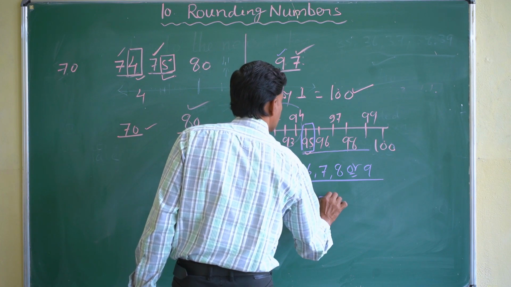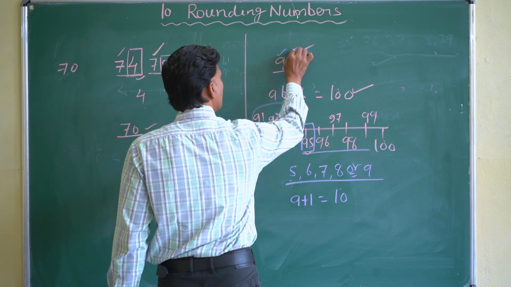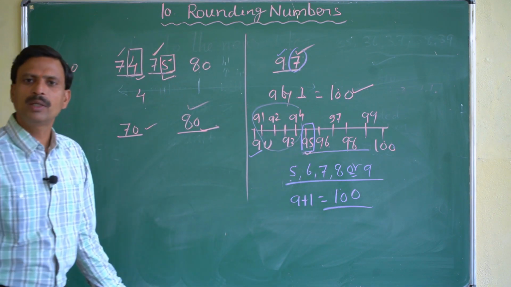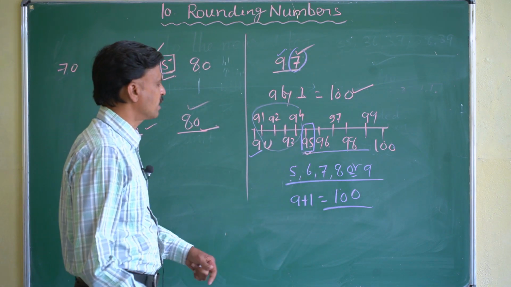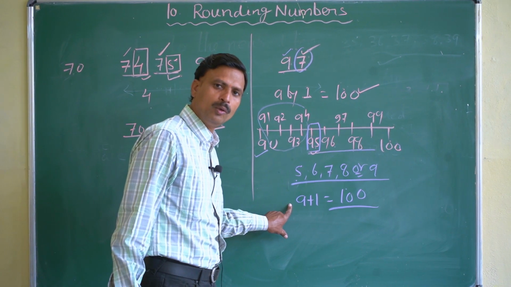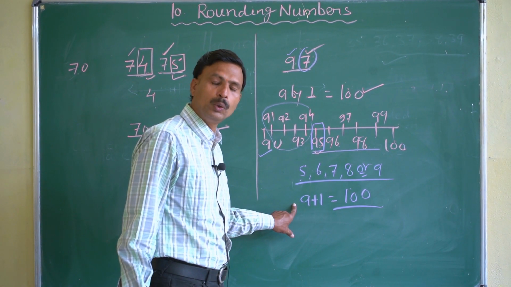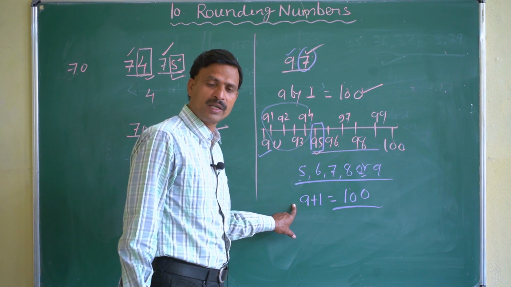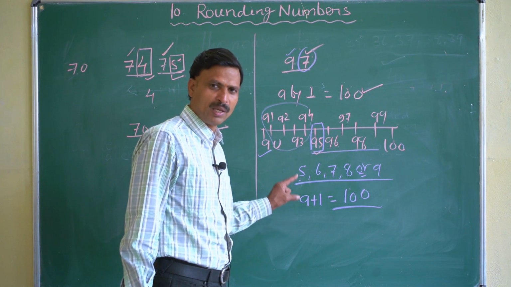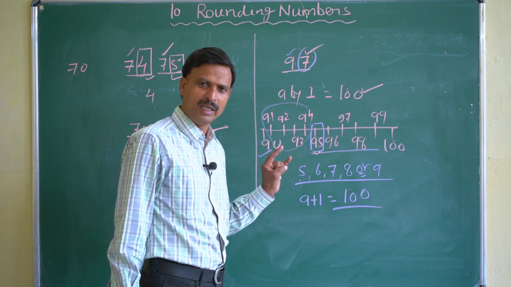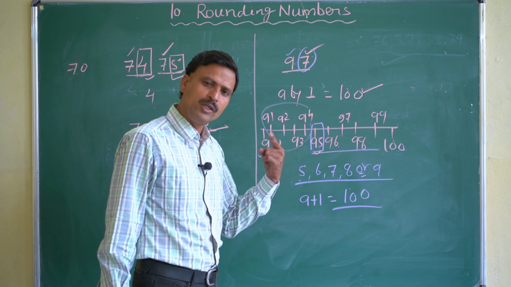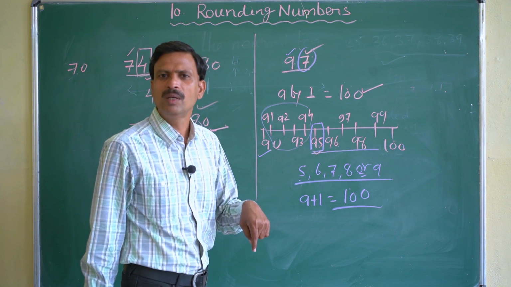That will be increased by 1 and the unit place digit becomes 0 as per the rule, right? So you can solve by the rule also. You must know the rule. What is the rule? If the unit place digit is 5 or more than 5, meaning 5, 6, 7, 8 or 9, the 10th place digit will be increased by 1 and the unit place digit becomes 0.